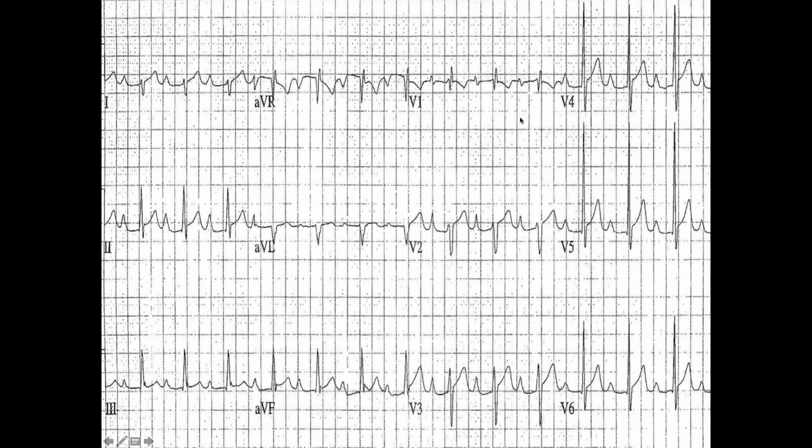We're going to look at V1 and this biphasic P wave. And if we were to measure this out, the second half is actually wider than the first half. So we've got signs of left atrial enlargement up in V1, signs of right atrial enlargement in lead 2. So we've got signs of both, and we have biatrial enlargement.